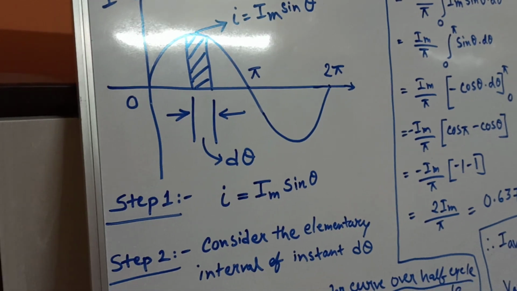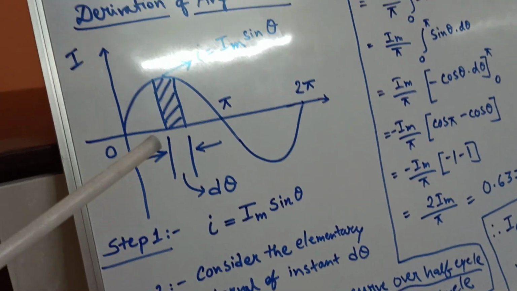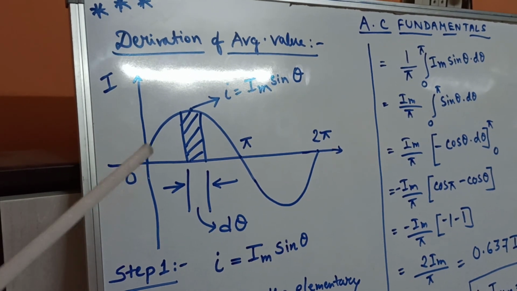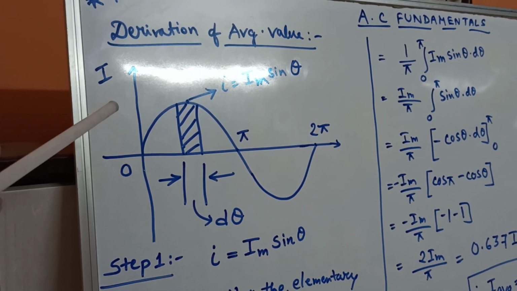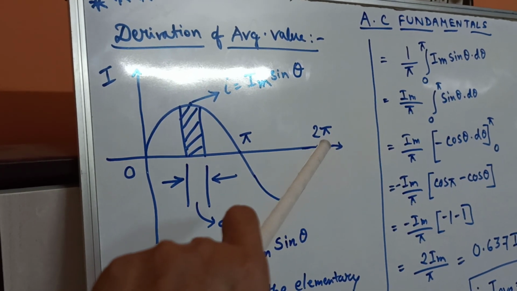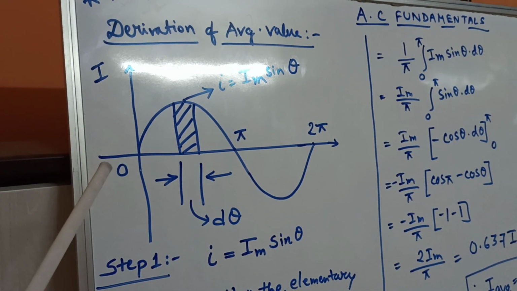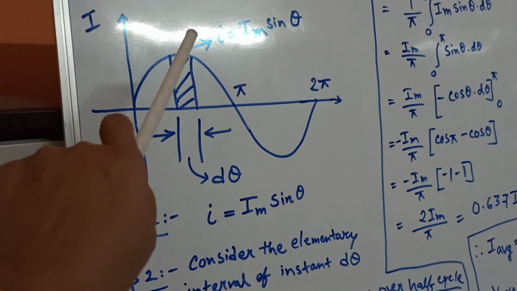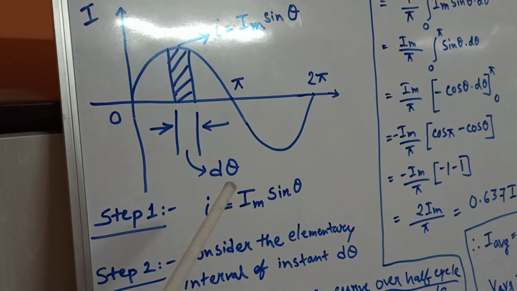Before going to the steps, first we have to draw one sinusoidal waveform of a current. This is a sinusoidal waveform of a current, 0 to pi and pi to 2 pi. In this positive half I have taken one elementary strip of d theta.